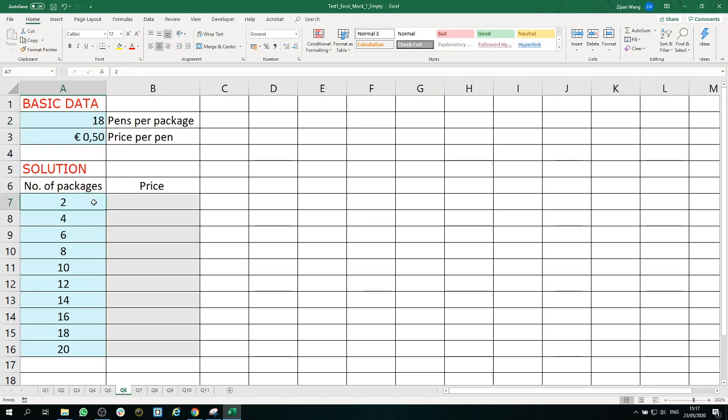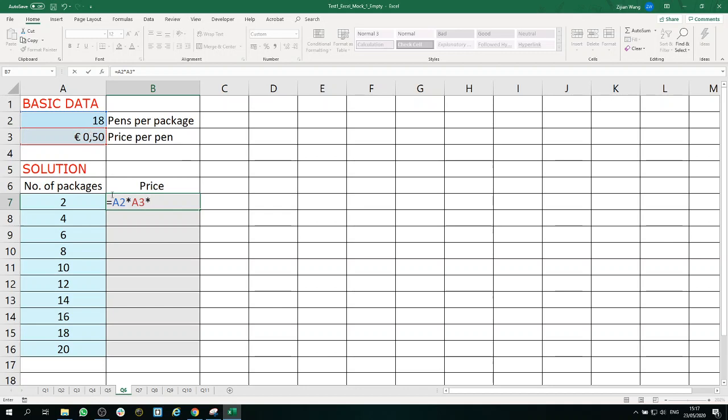And here we have 2 packages, 4 and 6 and so on. So we first need to calculate the number of pens times price per pen. We have the price of a package. And then if we add another package, then we have 2.